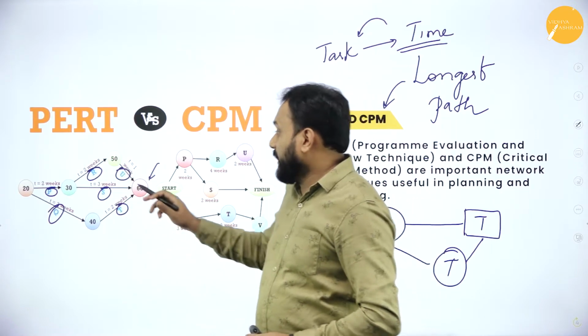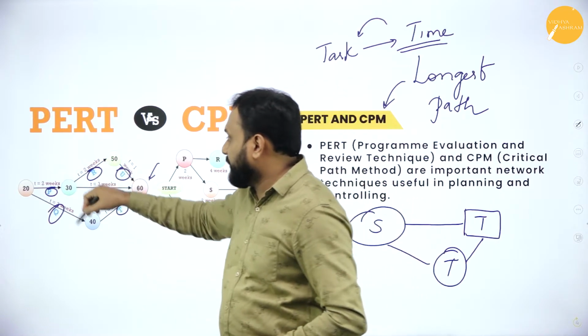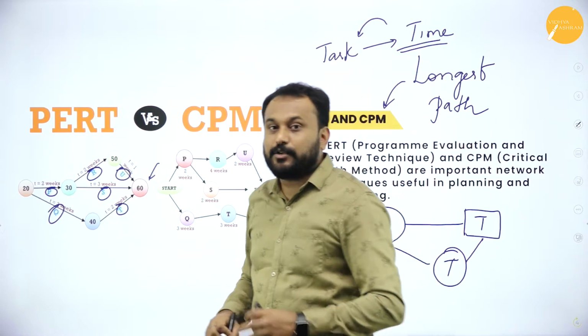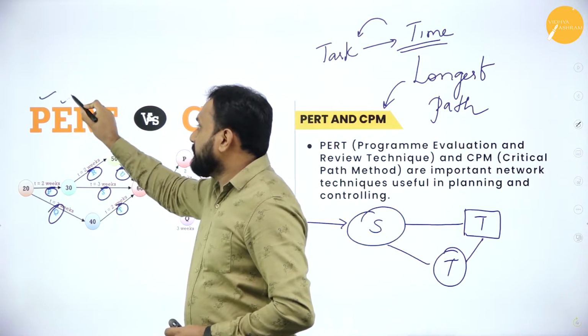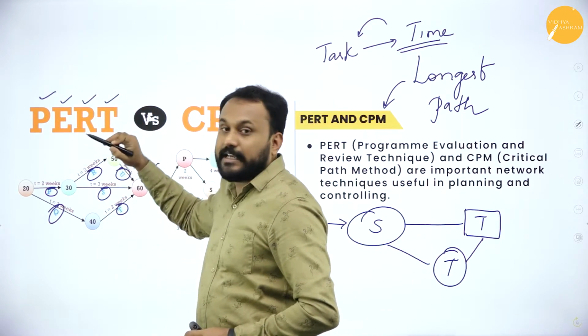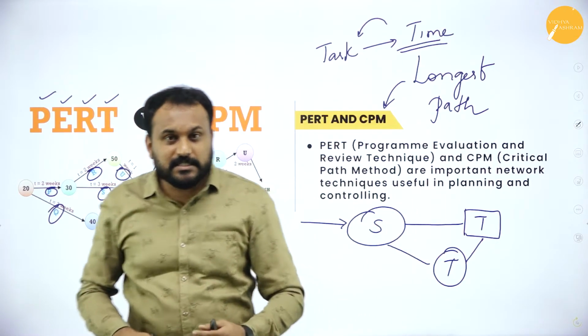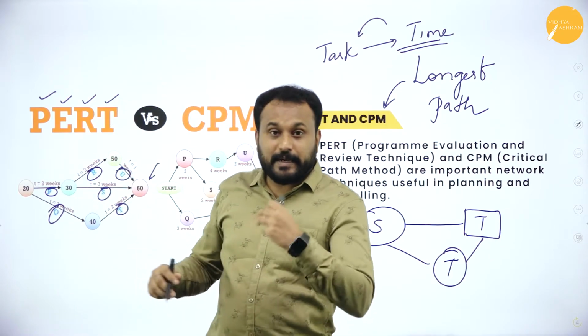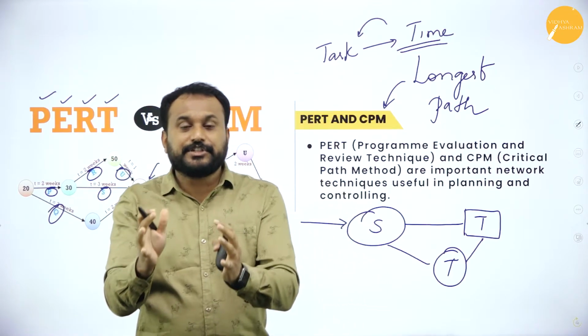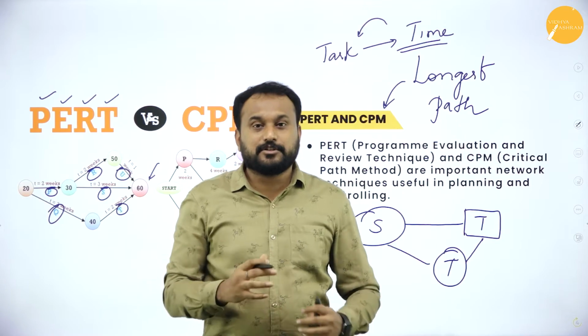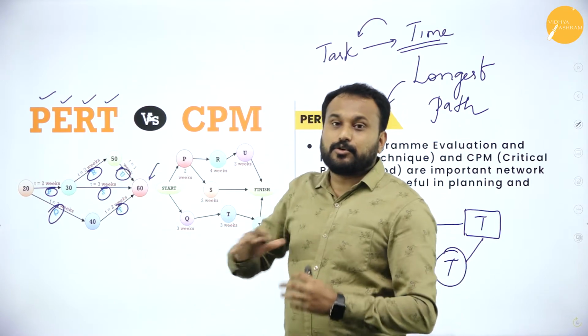In 60 days you are supposed to finish everything. So you will go with Program Evaluation and Review Technique. That is, you are supposed to get the work done at a particular time, and it should be efficient and effective. That is what PERT goes with.